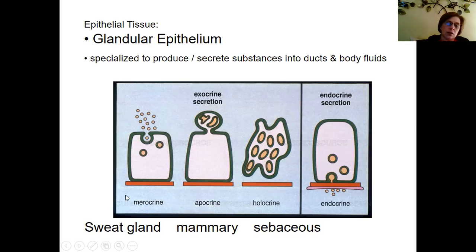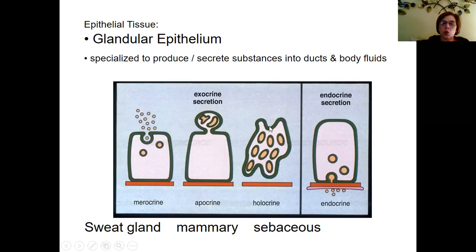On the other end, a merocrine gland stays steady. This cell will hang around for a long time, and it creates its substance and excretes it, and it'll create more and take it to the surface and excrete it again. In terms of cytoplasm, the holocrine is releasing 100% of its cytoplasm. The merocrine doesn't release any of its cytoplasm.